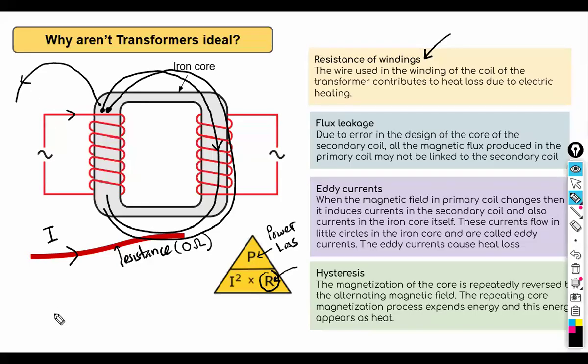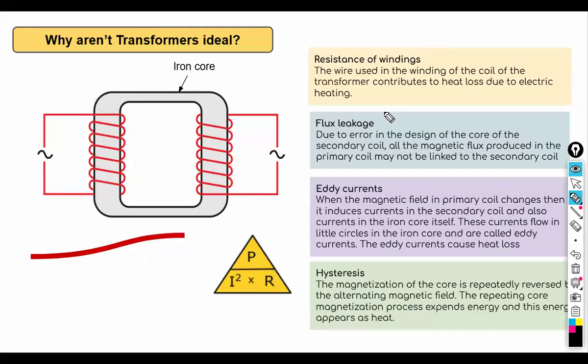So not all the magnetic field lines make it across to the secondary side. That's a type of wastage. It would be nice if all the magnetic fields made it to the secondary side, but it doesn't. You call that flux leakage. Well, more specifically, magnetic flux leakage.